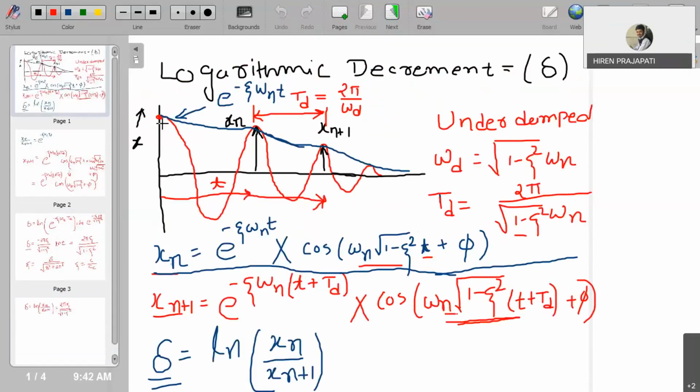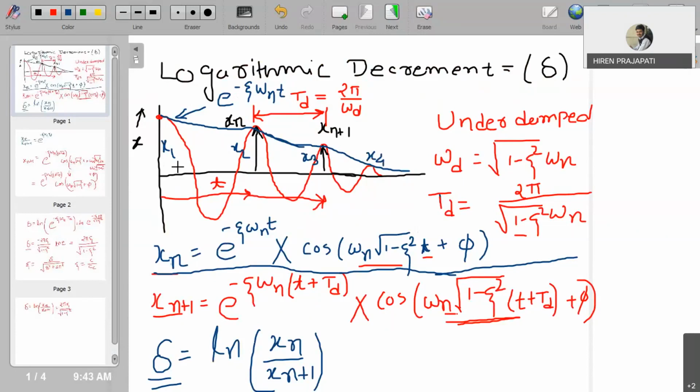Suppose I consider this amplitude as my first amplitude, then cycle 1, 2, 3, and now if I want to take the ratio of the first to the third cycle, I indicate this amplitude as x1, then this amplitude will be x2, this amplitude will be called x3, and this last amplitude is called x4.